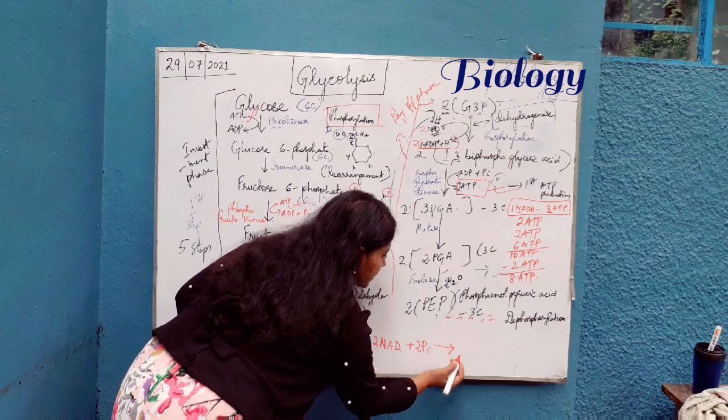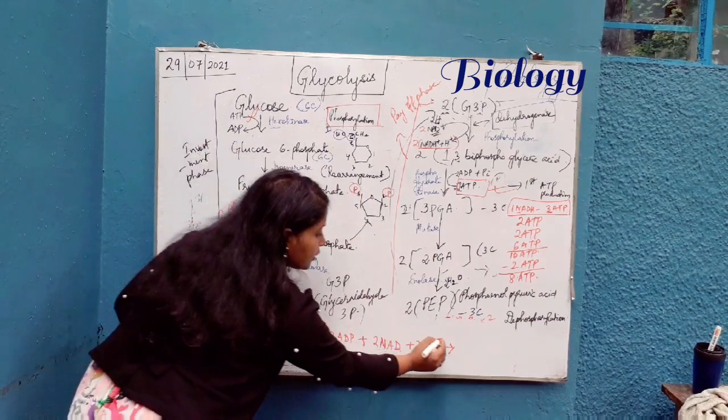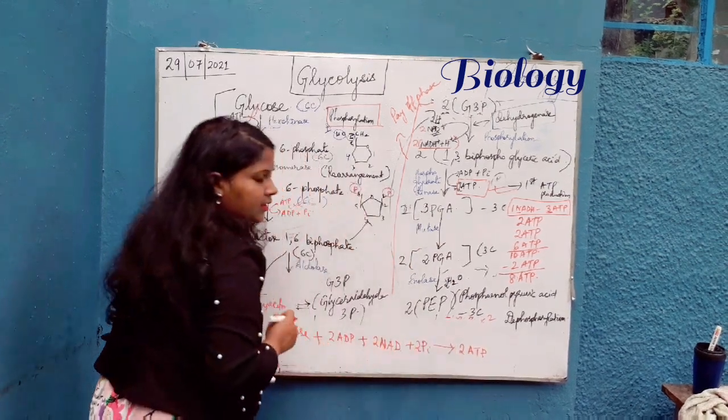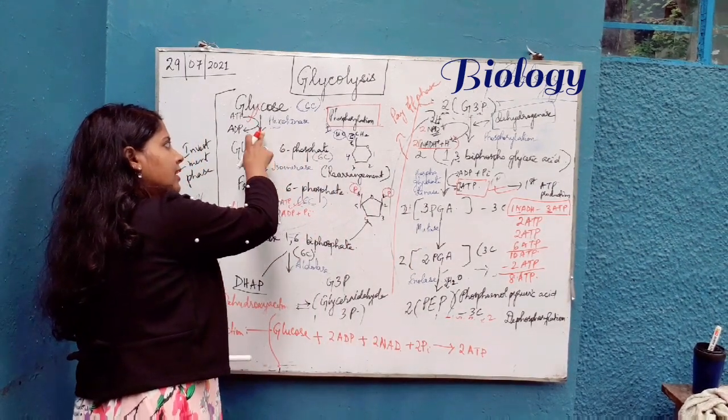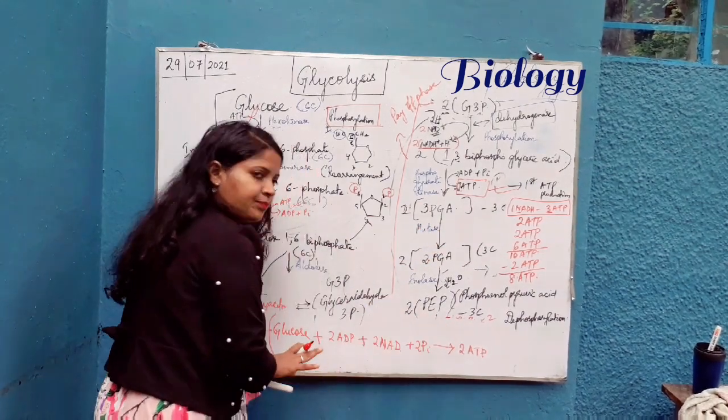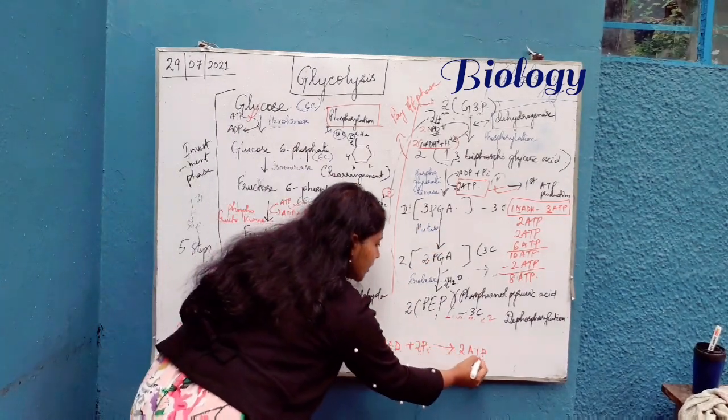Now, the products formed will be 2 ATP, because 2 ATP are gained here. We invested 2 ATP, 4 ATP has been produced, but 2 ATP is the gain. So it will be taken as 2 ATP.